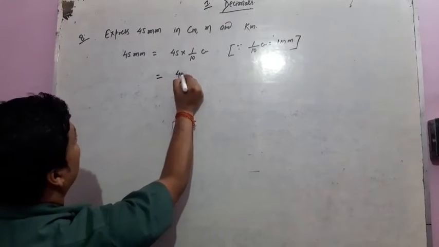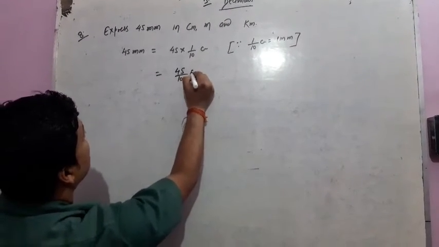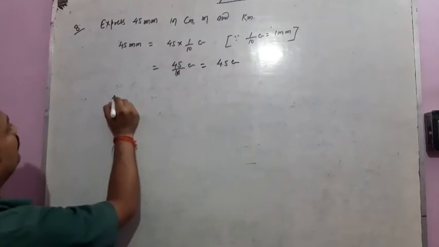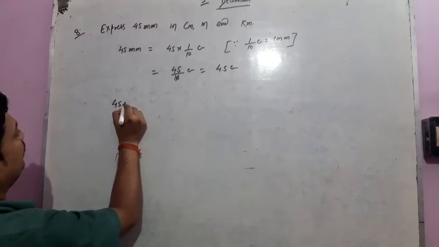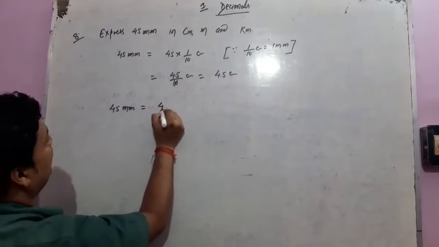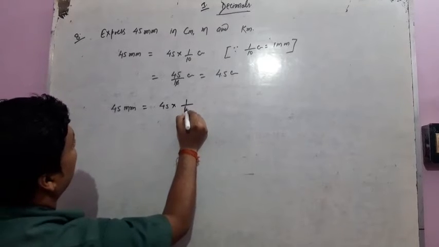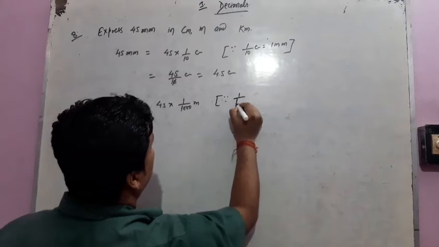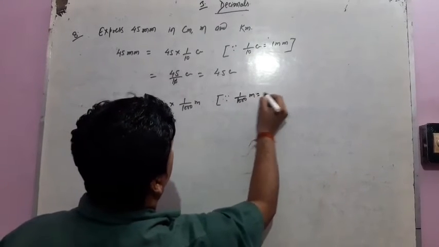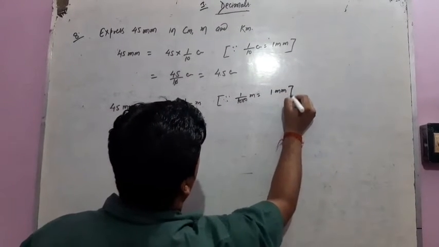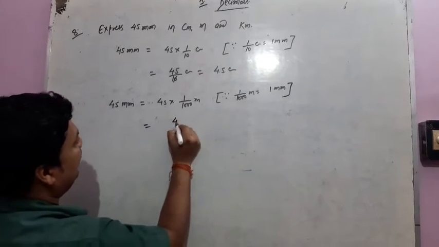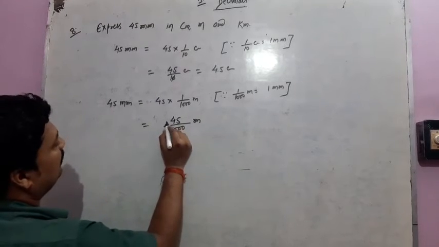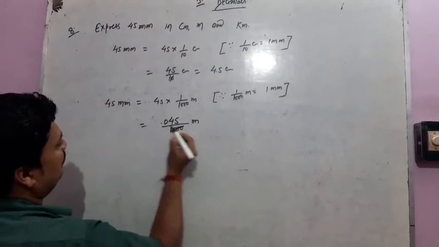Therefore 45 by 10 centimeter, that is equal to 4.5 centimeter. Now 45 millimeter is equal to 45 into 1 by 1000 meter. Why? Because 1 by 1000 meter is 1 millimeter. Therefore 45 by 1000 meter. Now we have to mark a 0 here. Keep the 3 decimals out and put a decimal.